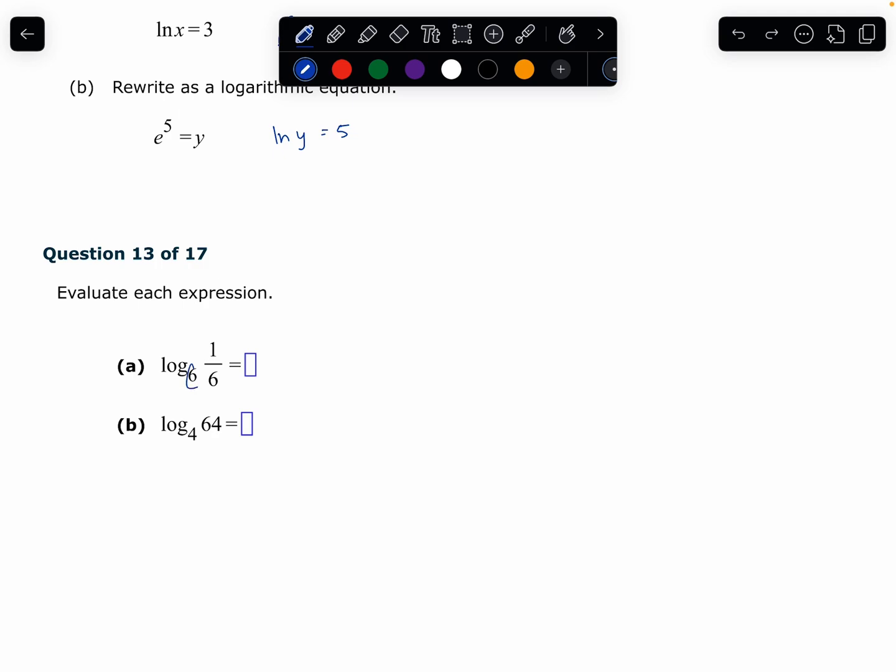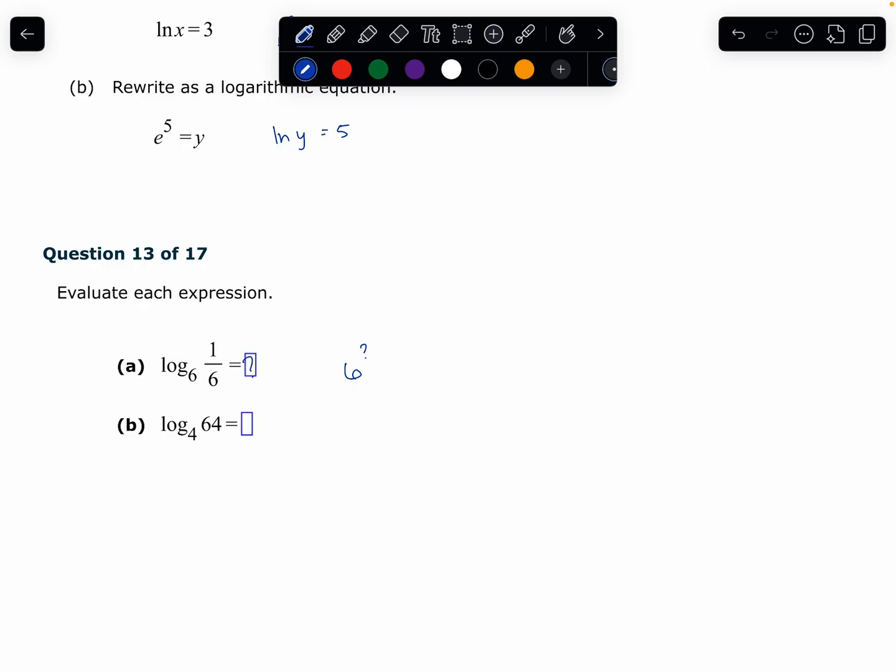I see that it has a base of 6, so my exponential equation should also have a base of 6. Now, logarithms always equal exponents. So this logarithm should give me the exponent on this 6 right here, but we don't know what this is. That's exactly what we're trying to solve for. The exponent is the unknown part right here.